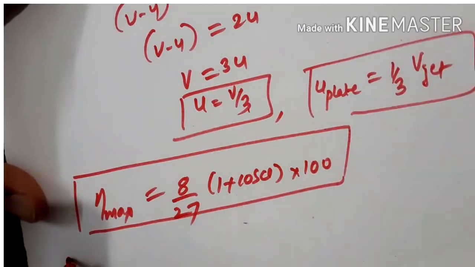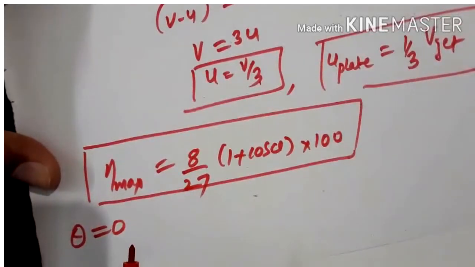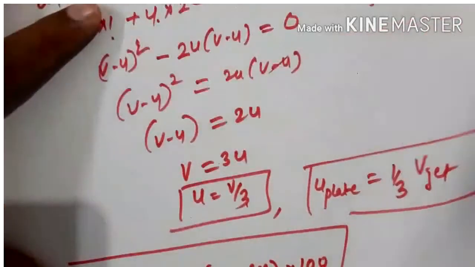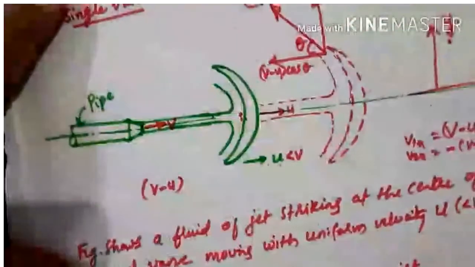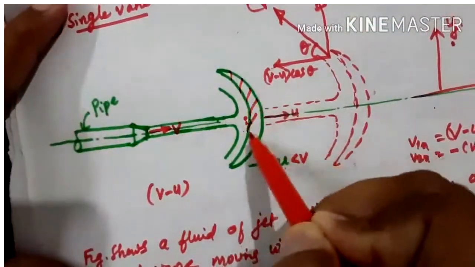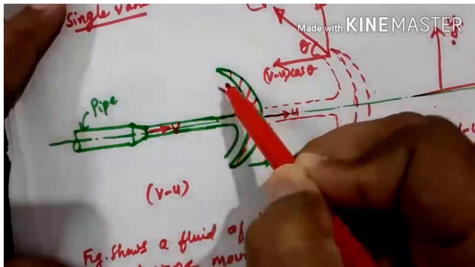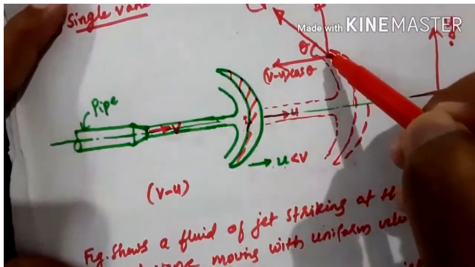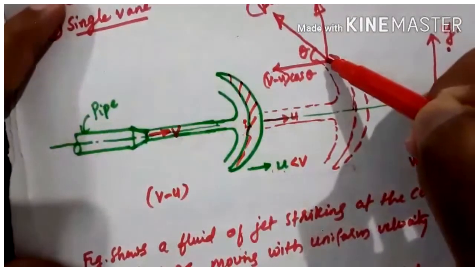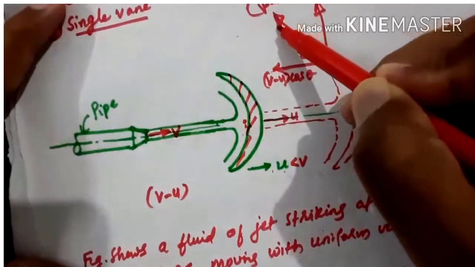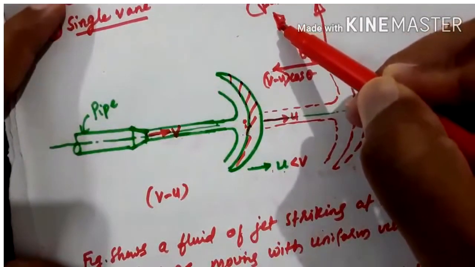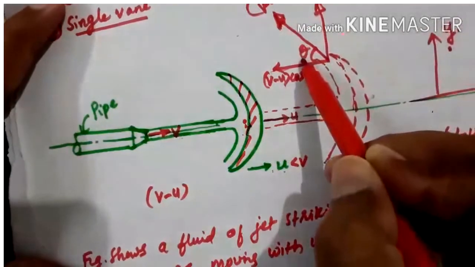Suppose theta is equal to 0. See, this is the curved vane, the jet is striking here, and after striking, this is the velocity of the jet exiting, making an angle of theta.